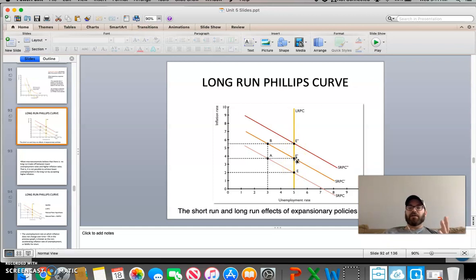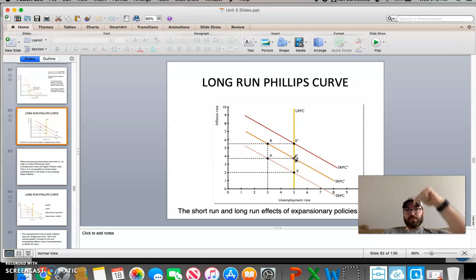So the rule of thumb with this is follow the price level. And I can't say that enough. Follow the price level. So if E sub 1 here was our starting point, and we saw a positive supply shock, so an increase in short run aggregate supply, we would follow the price level.